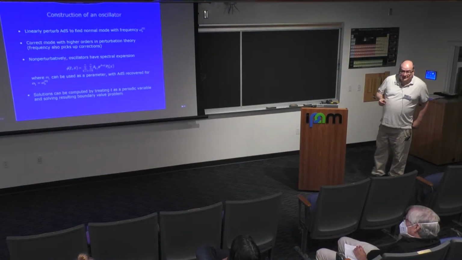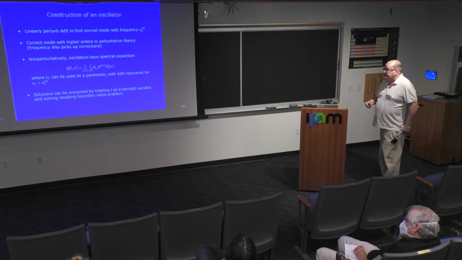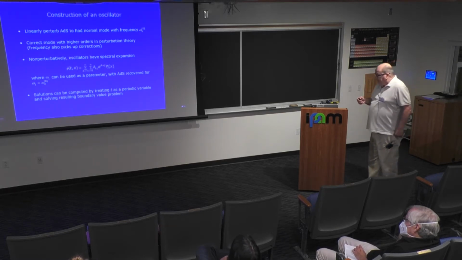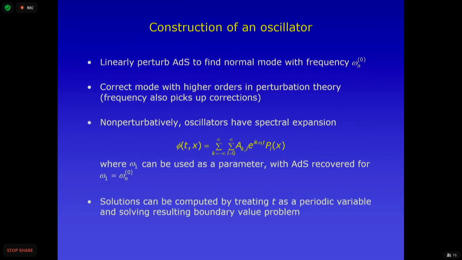Okay, so this leads us to this construction of a two-frequency oscillator. So the idea is we linearly perturb AdS to find a normal mode with frequency omega_n0. And then we correct that mode with higher orders in perturbation theory, and the frequency also picks up corrections, and this gives us our boson star.